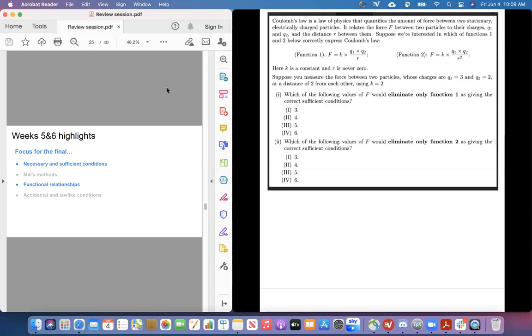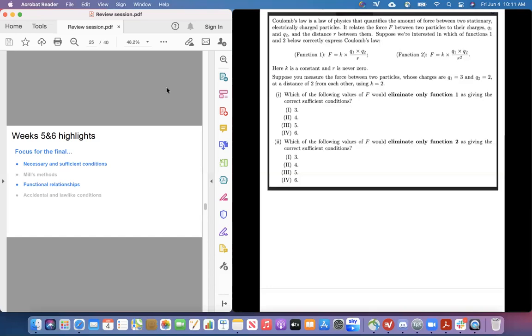So you were asked a couple of things first. People did well on these other parts. And this was the end of this question. It said, suppose you measure the force between two particles with these charges. So Q1 is 3, Q2 is 2, and r, the distance, is 2, using k, your constant, equals 2.